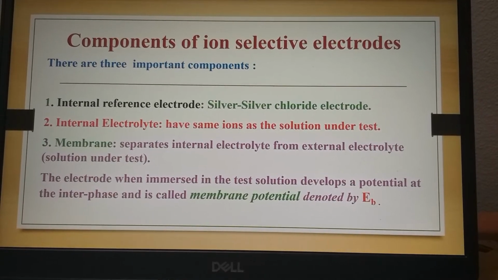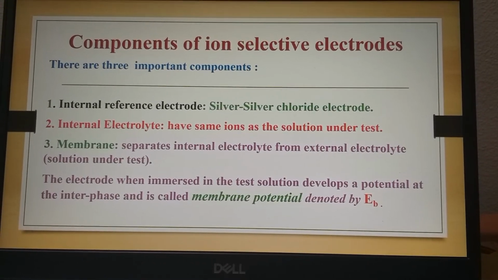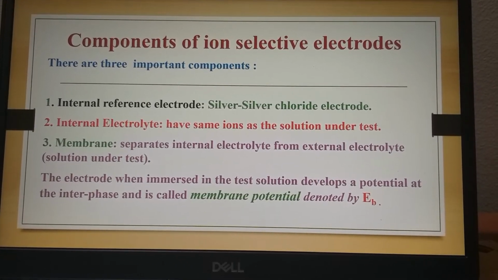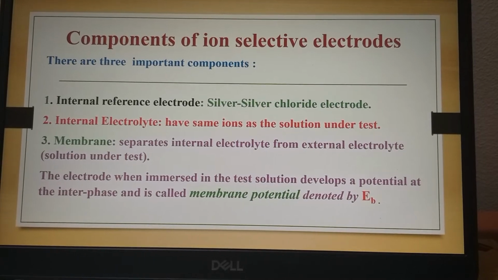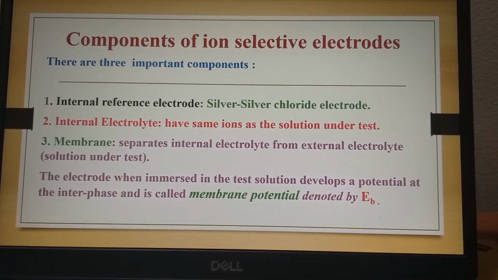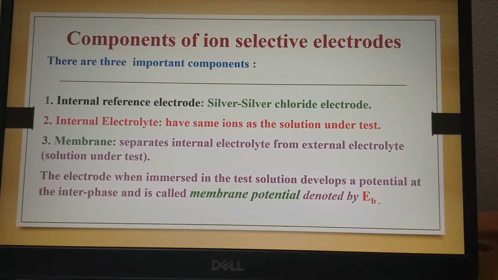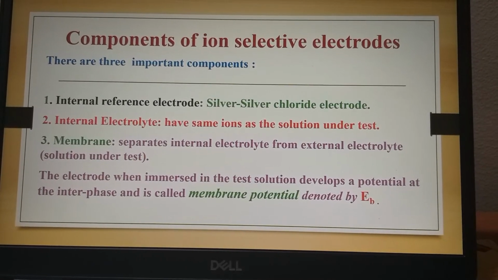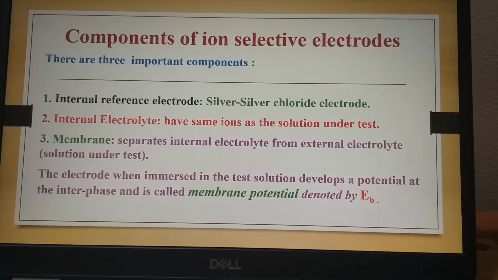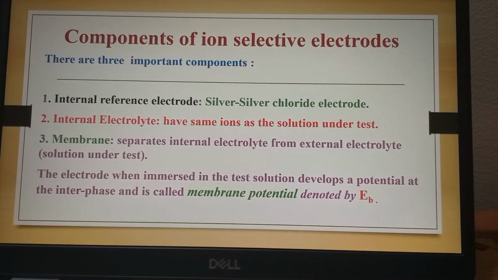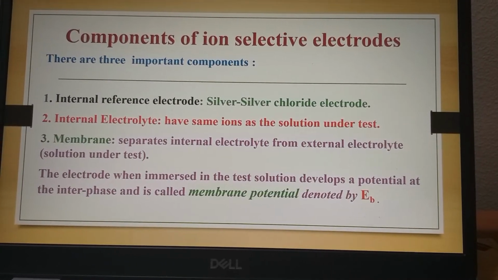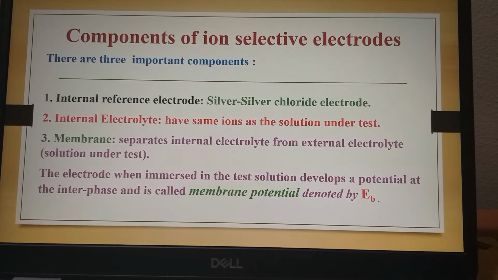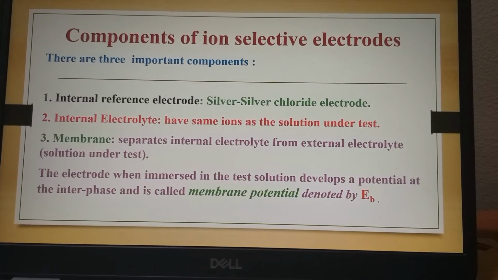The third constituent is the membrane, which separates the internal electrolyte from the external electrolyte, that is the solution under test. When such an electrode is immersed in the test solution, it develops a potential at the interface, and this potential is called the membrane potential, which is denoted by the symbol E_m.